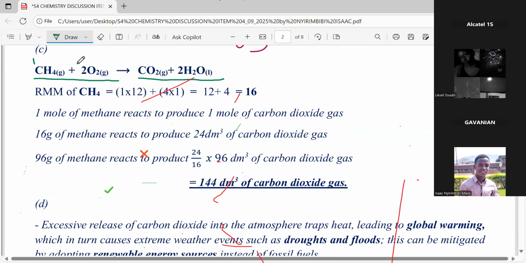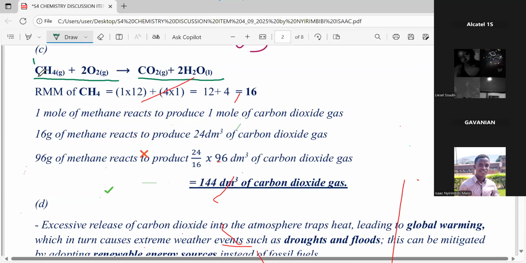Now, when we interpret our equation in terms of moles, why do we consider methane and carbon dioxide? It's because that is our area of emphasis. In the question, they asked for the volume of carbon dioxide produced, and they gave us the amount of methane that reacted.